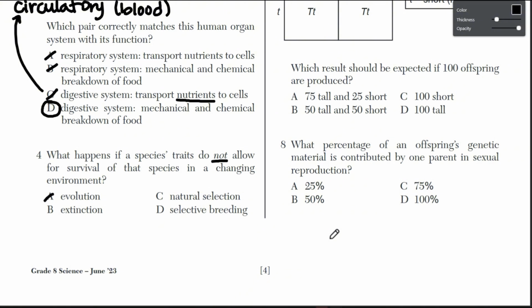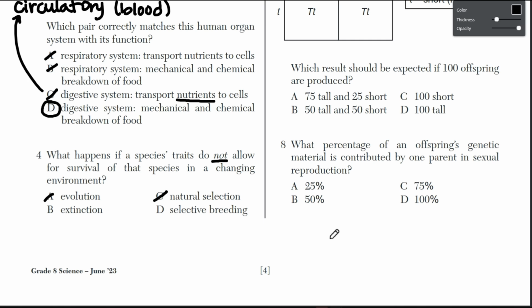C, natural selection. Well, natural selection is about having traits that are reliable in that environment, so those species will go on to breed and to have offspring. So we would actually see natural selection for those who do have desirable traits. So that one is not correct. And lastly, D, selective breeding.